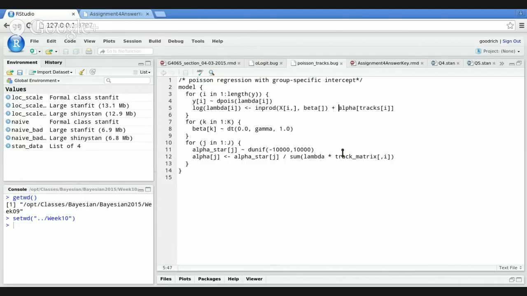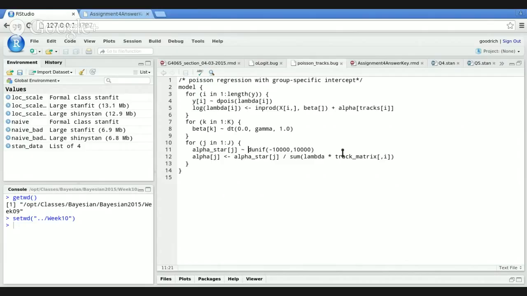So I want to pull out for the ith race what its track ID number was, and then get the corresponding intercept from that. But again, we can't consistently estimate those unless we use this transformation business where we put a uniform prior on the alpha star.